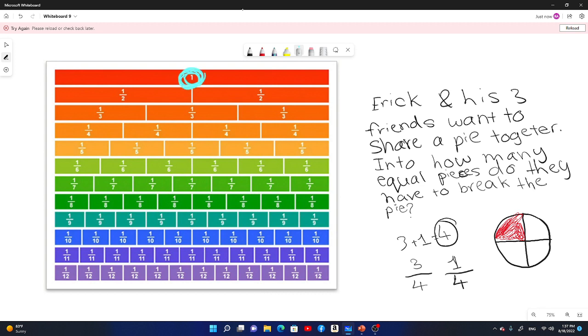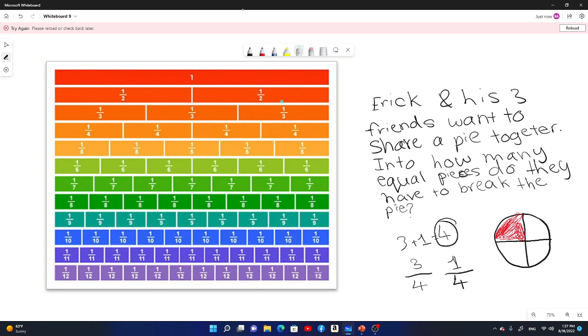As you can see, this is 1 whole. This is the whole thing. This is 1/2 of it, and this is another half. This is 1/3, another 1/3, and another 1/3. You could call them thirds.